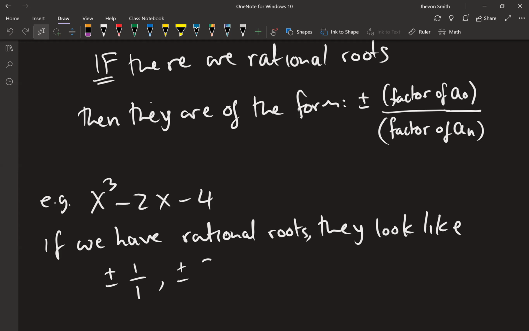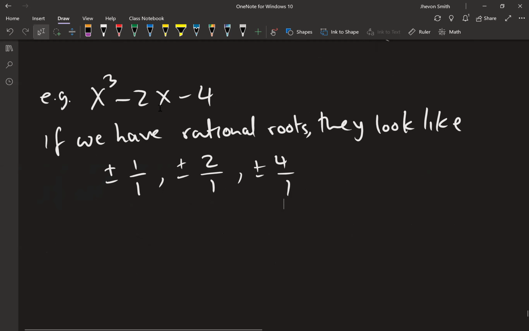Another factor of 4 is 2. Another factor of 4 is 4 itself. So rational roots in this situation, because there is a 1 in the leading term, are going to look like a factor of 4 divided by a factor of 1. The factors of 4 are 1, 2, and 4. So the possible rational roots are either plus or minus 1, plus or minus 2, or plus or minus 4.